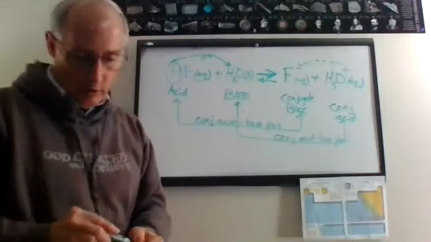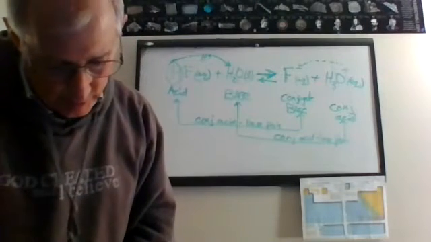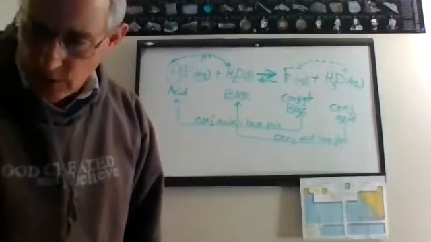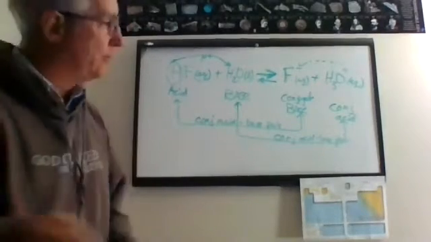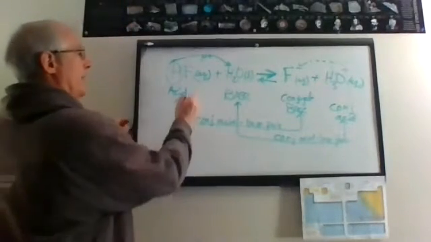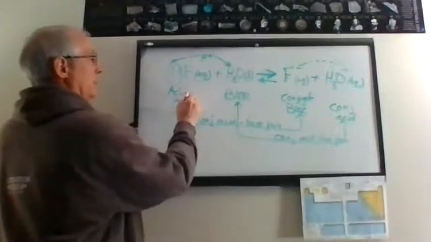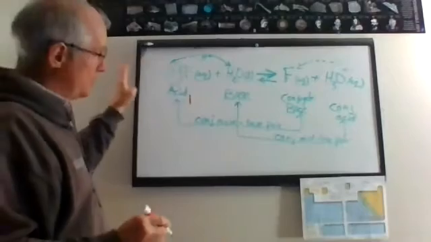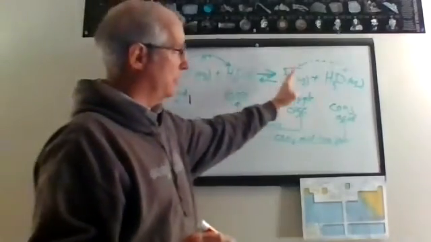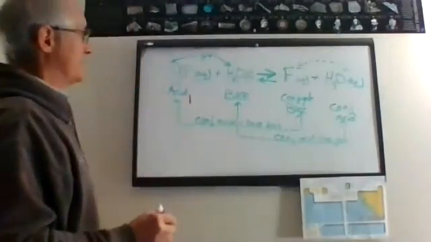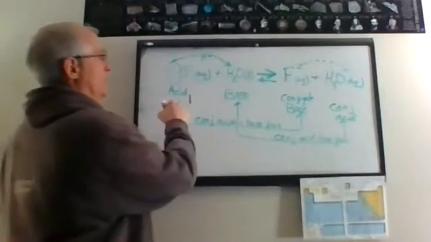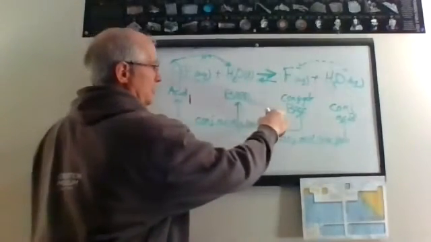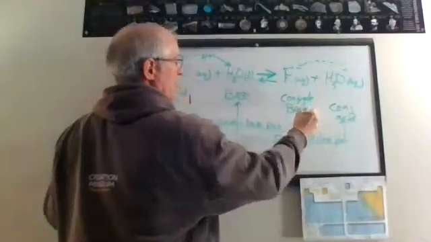Now, furthermore, we have a way of labeling this. And the way of labeling this is that this is called acid number 1, because it's the first acid you encounter as you read from left to right. So we call it acid number 1, and its associated conjugate base is this right here, base number 1.